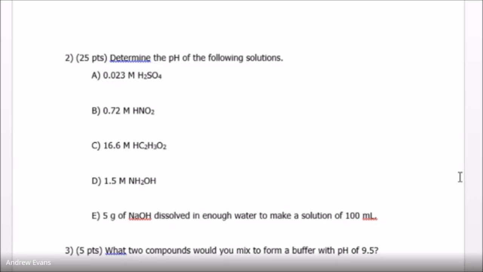Holy cow. And that last one, NH2OH, I think that's a base, if I'm not mistaken.